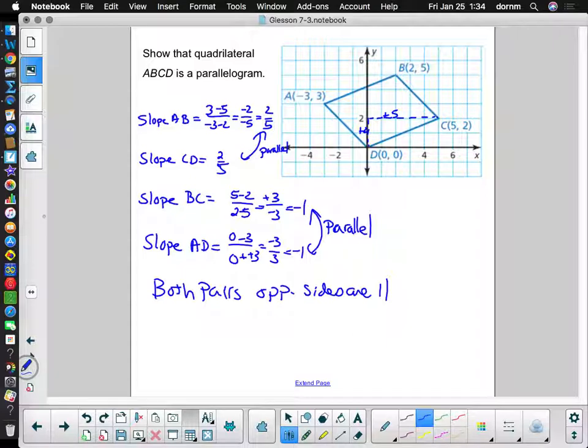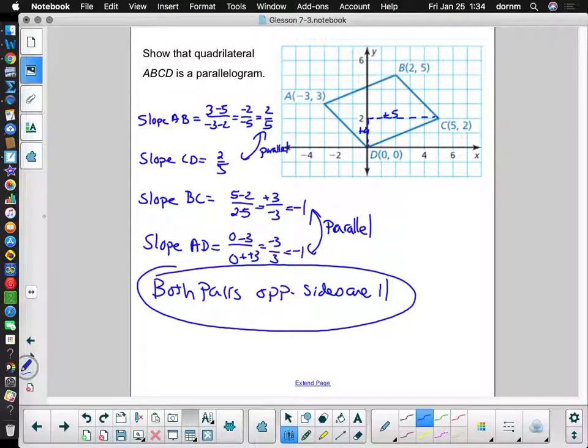Communicate with whoever's reading it, whether it's myself or Mrs. Moxley or Ms. Janzak or whoever is reading it, they should be able to tell exactly what you've done and what it is you're calculating, and then give the reason why in the end. Don't allow us to say, okay, parallel, parallel, so what? Oh, if both pairs of opposite sides are parallel, then it's a parallelogram.